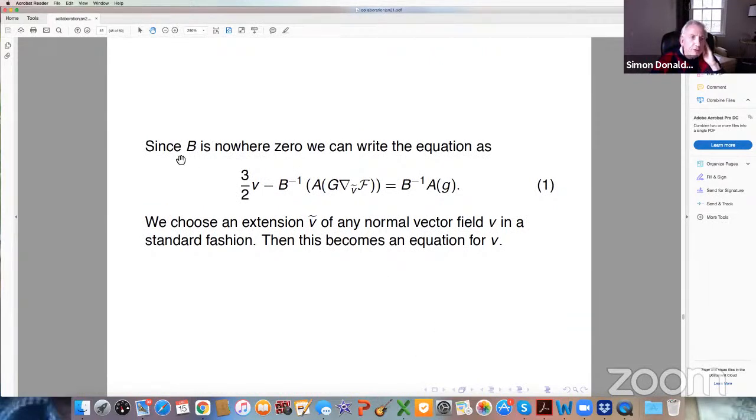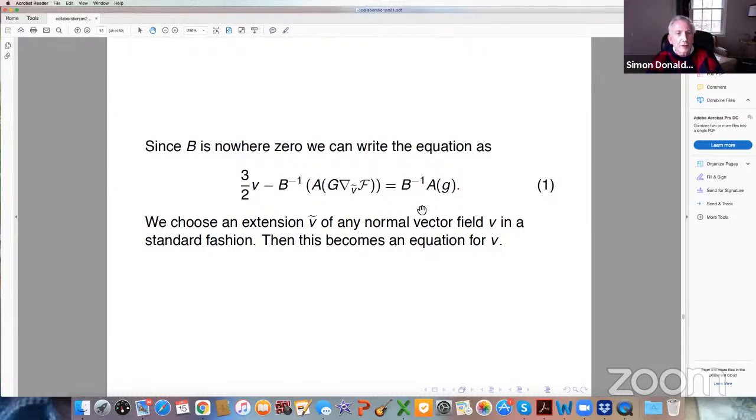But our hypothesis, remember, is that b is nowhere 0. So we can invert this algebraic operator b, and we can write the equation in this way. So essentially, v is given by this factor, all this stuff here.